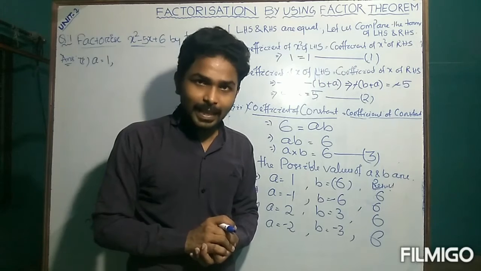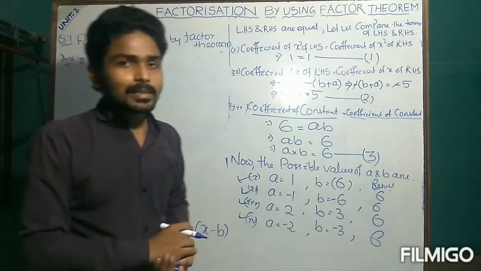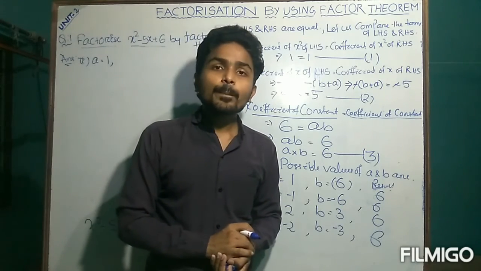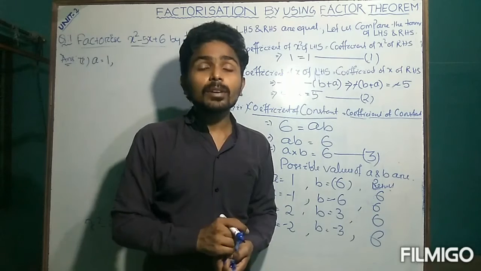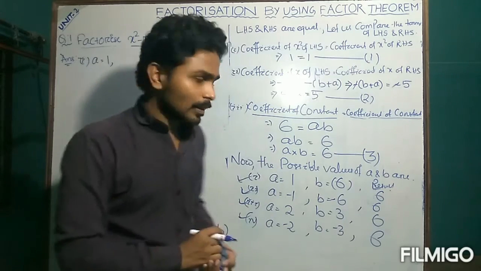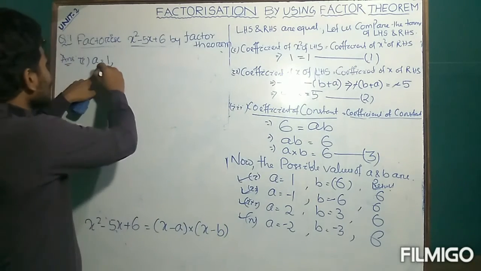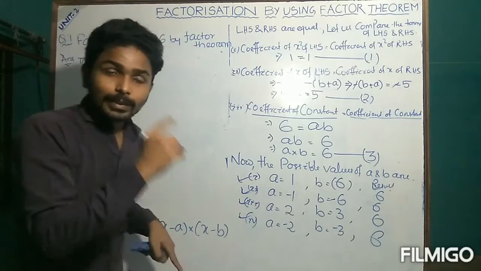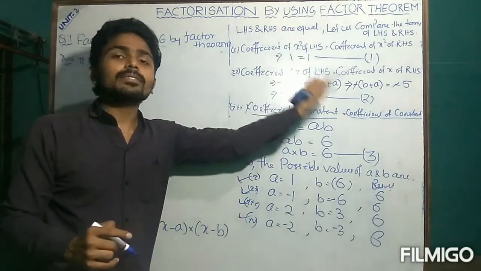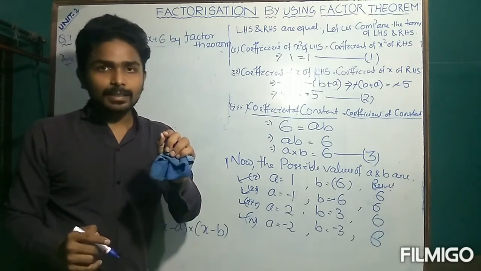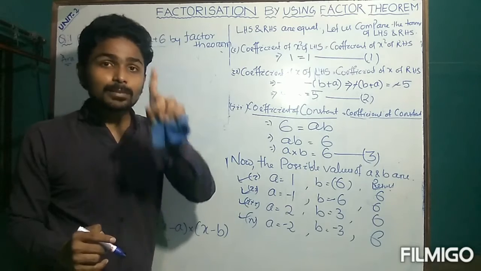And if it completely divides, then the remainder must be 0 according to the factor theorem, statement 1. So since we are taking a is equal to 1 as a zero, the remainder must be 0.